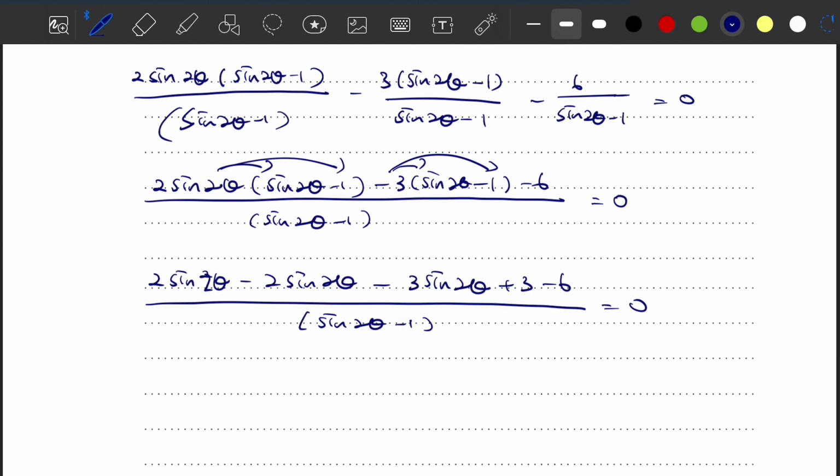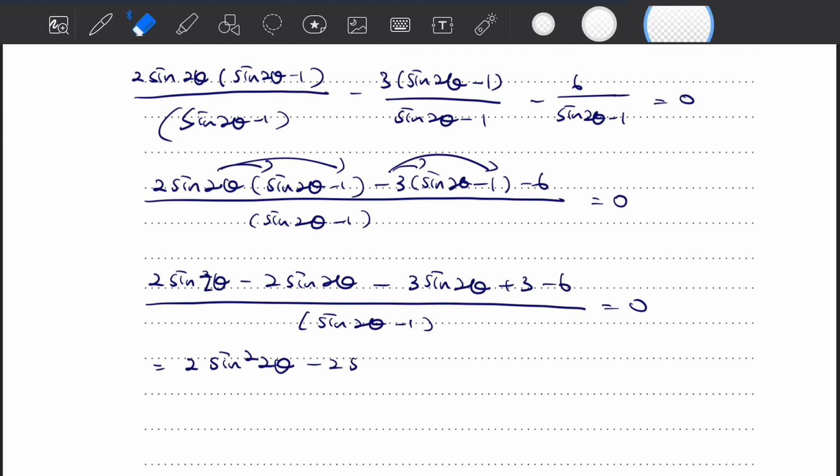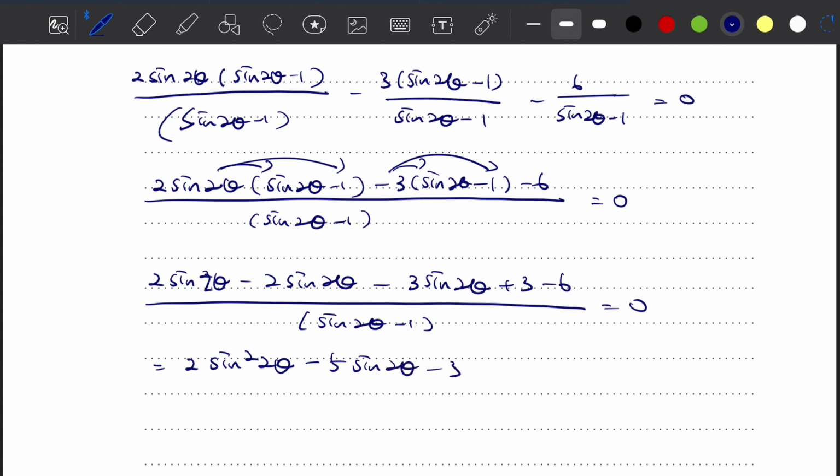Then we get 2 sine squared 2 theta minus 5 sine 2 theta minus 3 over sine 2 theta minus 1 equals 0.